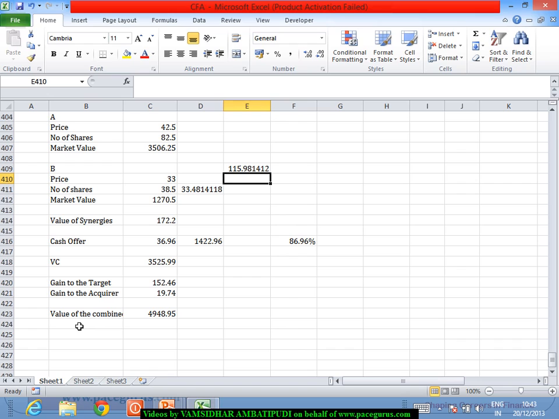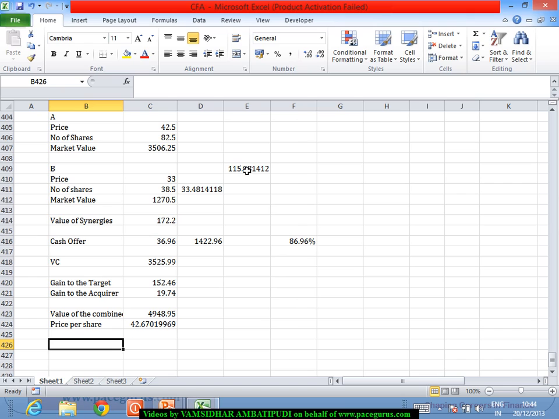Going by the same logic, the combined value divided by the total number of outstanding shares works out to a price per share of somewhere around 42.67.